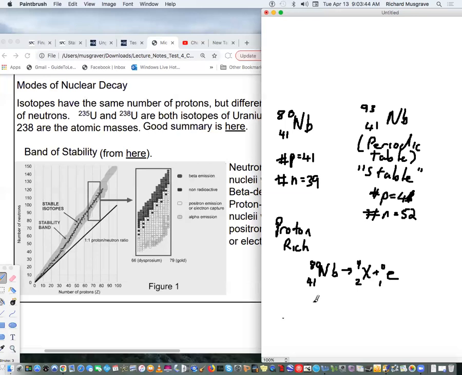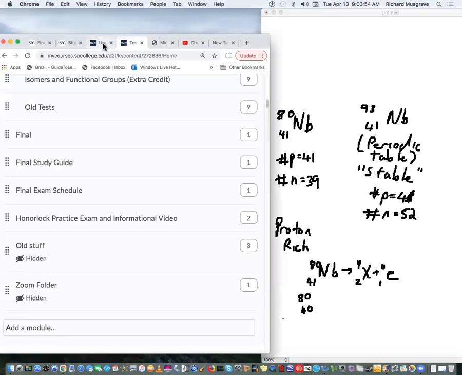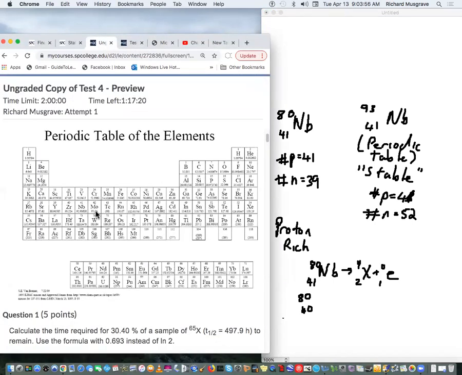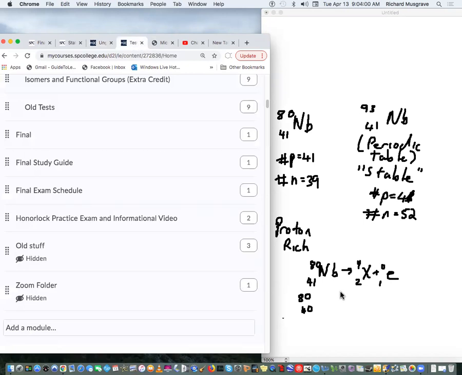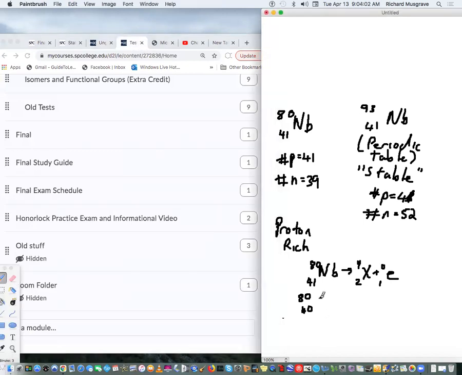And the element then would be 40 and 80. Now the element 40 we get off the periodic table, and that's going to be zirconium. So Zr is going to be the element here that we get from positron decay.